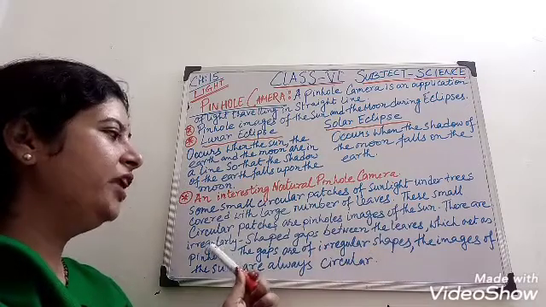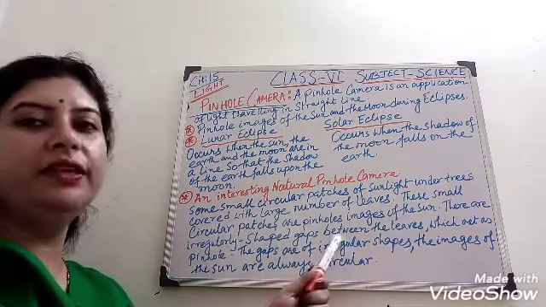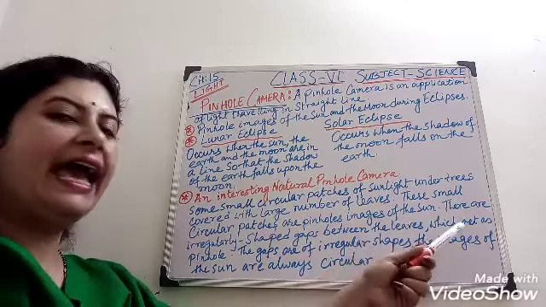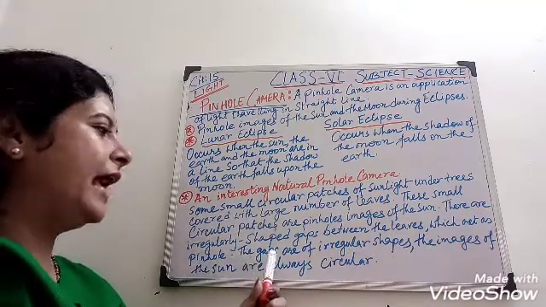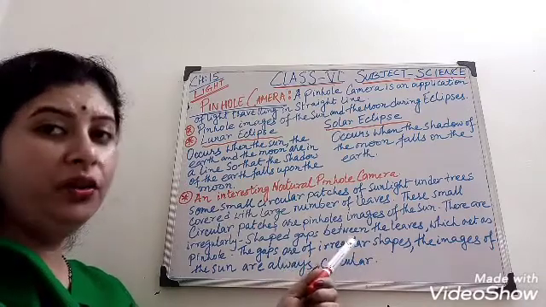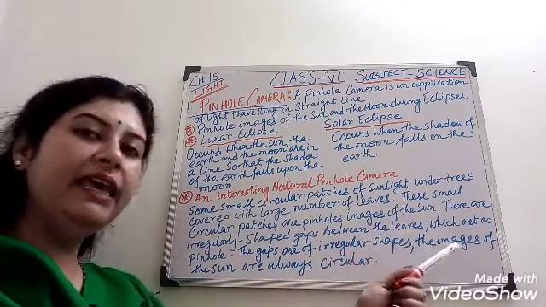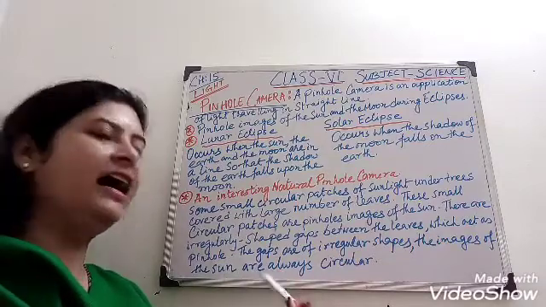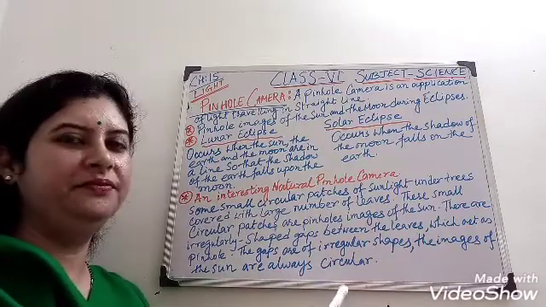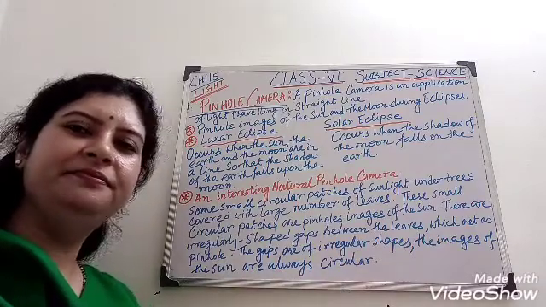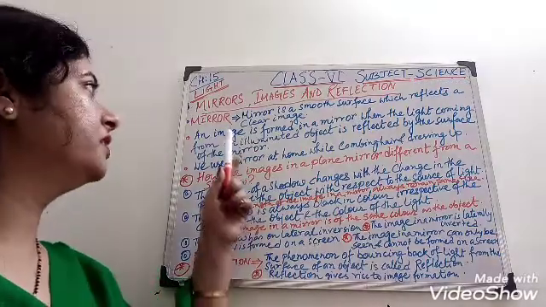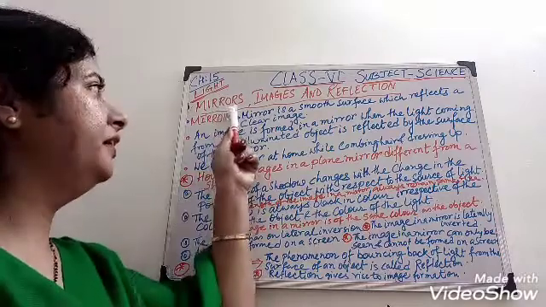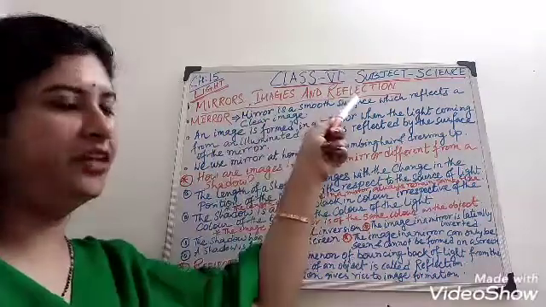There are irregular shaped gaps between the leaves which act as pinholes. Although the gaps are of irregular shapes, the images of the sun are always circular. Clear, children? The last part of this chapter is mirror, images and reflection.